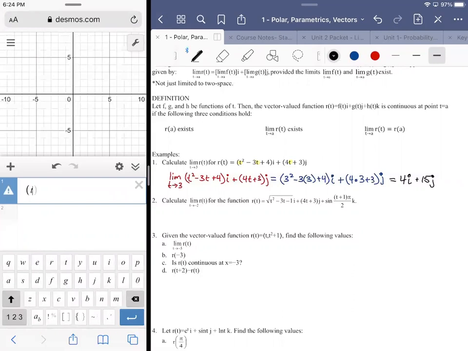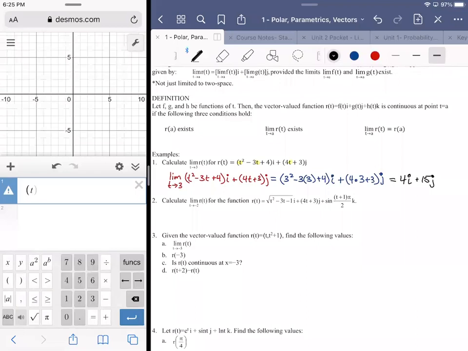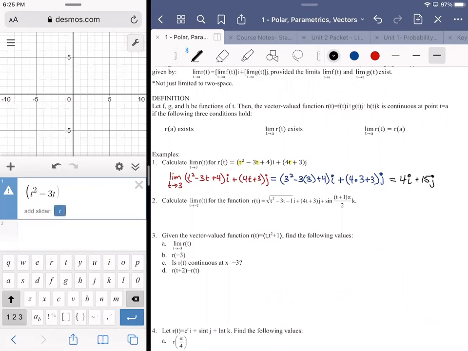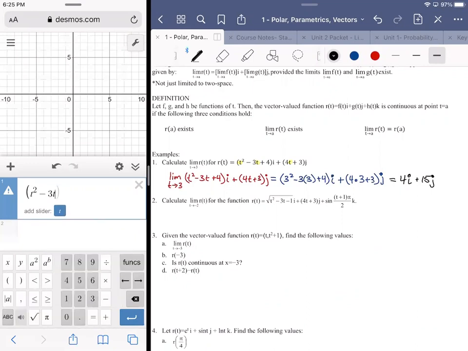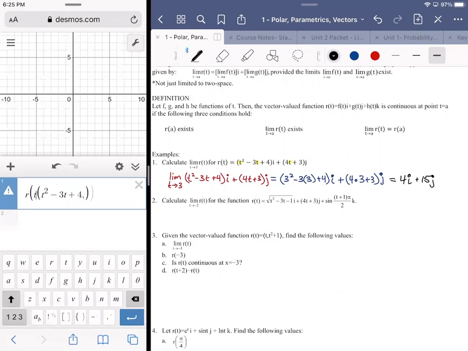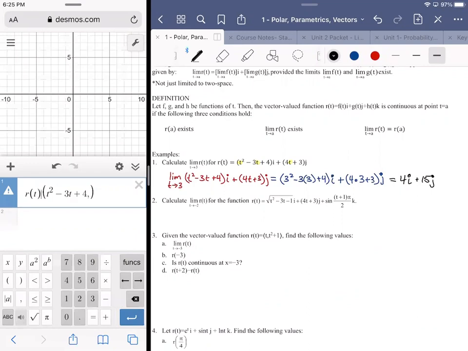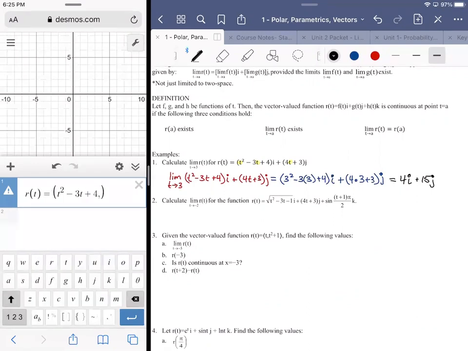I always run the risk of getting my Desmos and GeoGebra confused. So I already feel like I'm doing this wrong, but that's all right. Failure, the best teacher is. And then we have 4t plus 3.